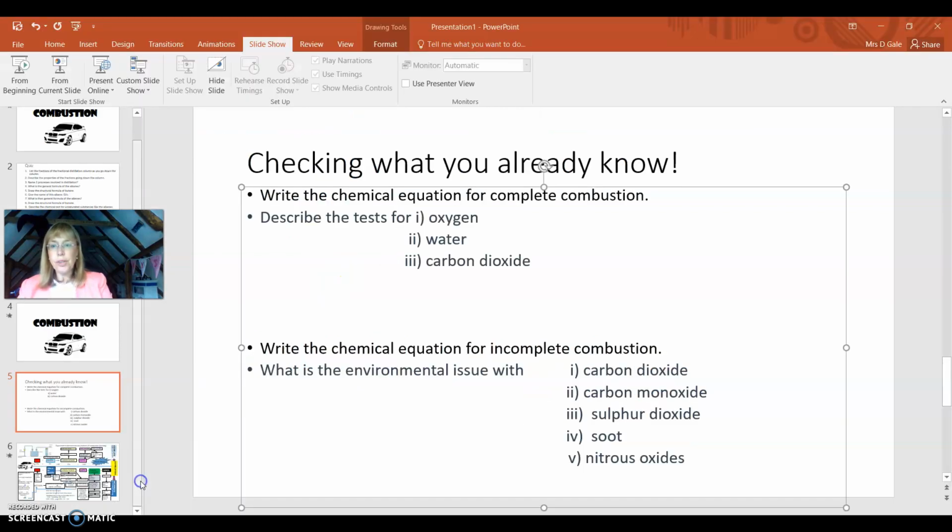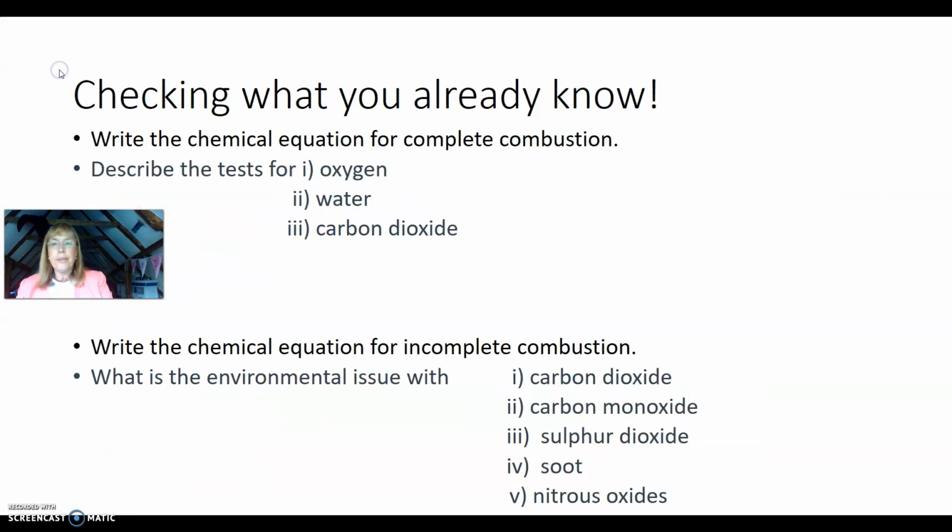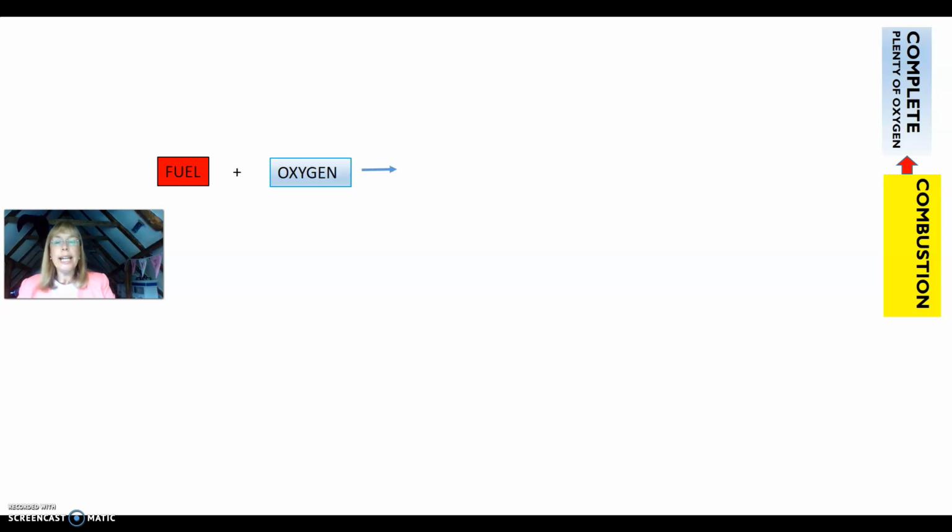Okay, so to start off with, focusing on combustion, we know that there are two types of combustion. There is complete combustion and incomplete combustion. Now we're going to start off with complete combustion. And for that, we need a fuel, we need oxygen.